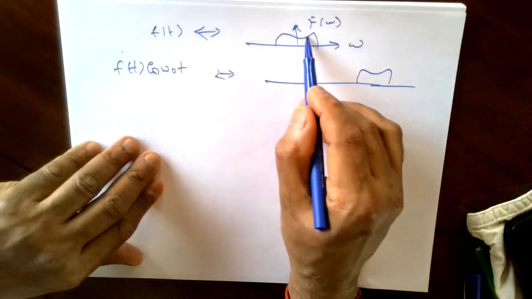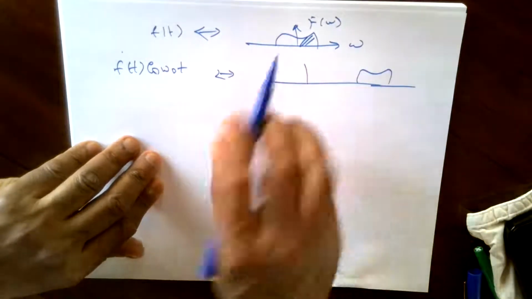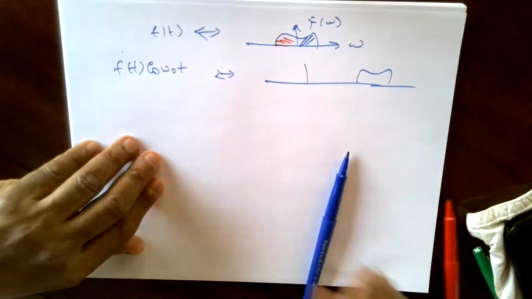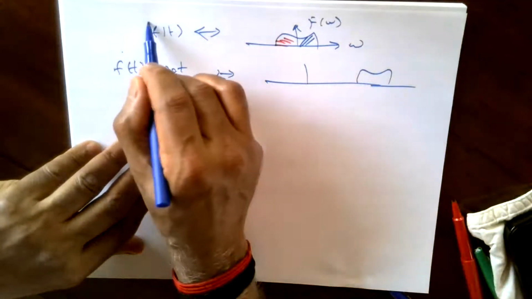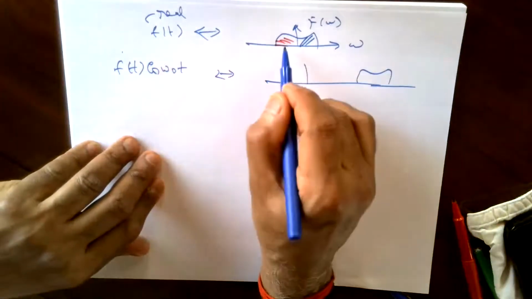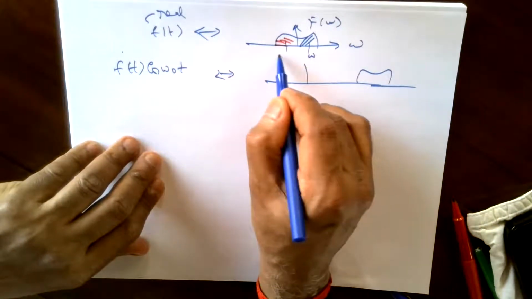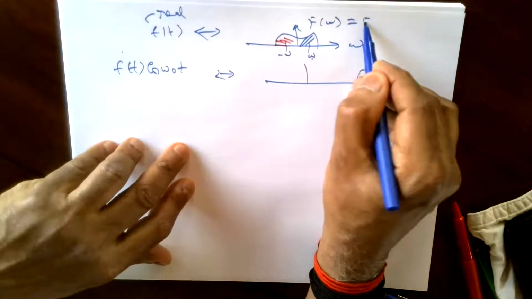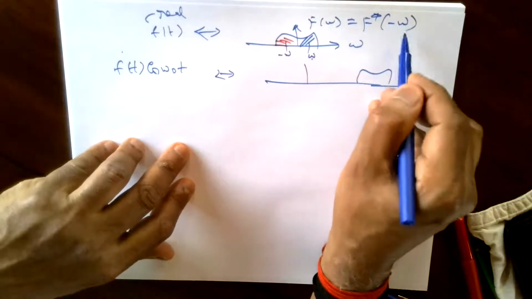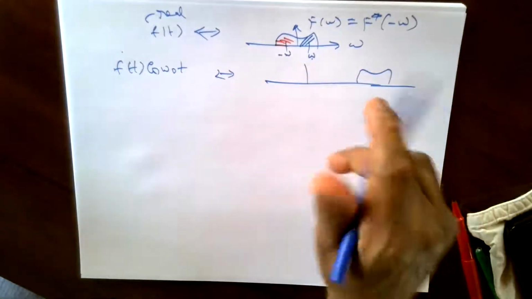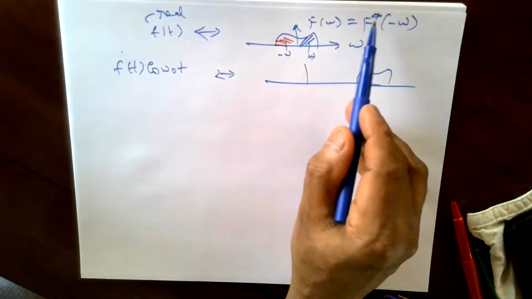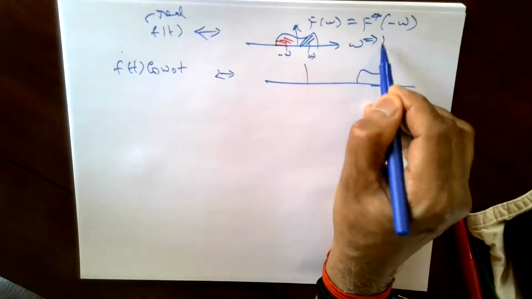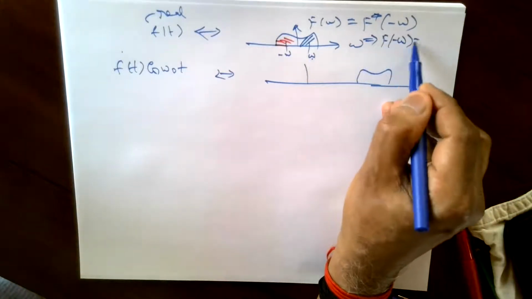Usually this information is the same as the other side, because if the signal is real, these two pieces of information are the same, blue and red. If ft is real, you can create whatever is at minus omega from omega, because f omega is f star of minus omega. So the information at minus omega is just the complex conjugate of f omega.